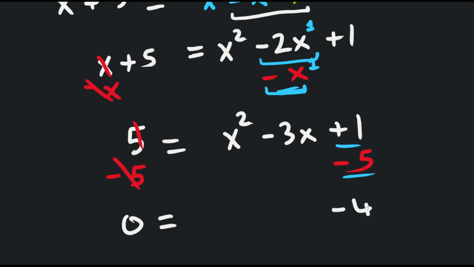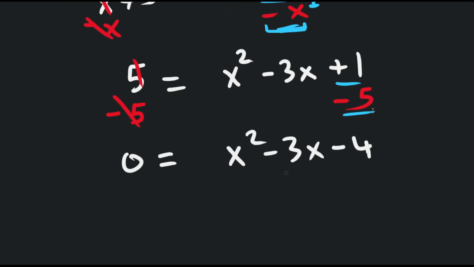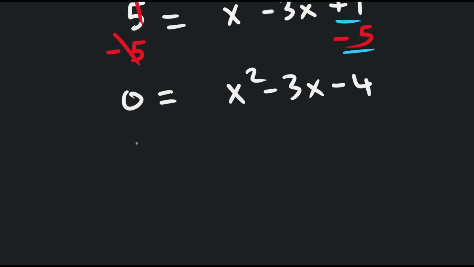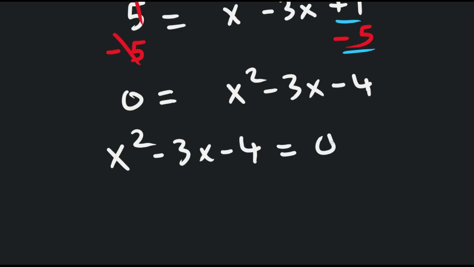And we'll write everything else down: x squared minus 3x minus 4 equals 0. I actually want to reverse this, x squared minus 3x minus 4 equals 0, just so that when we solve this, we can have x on the left side, x equaling something.